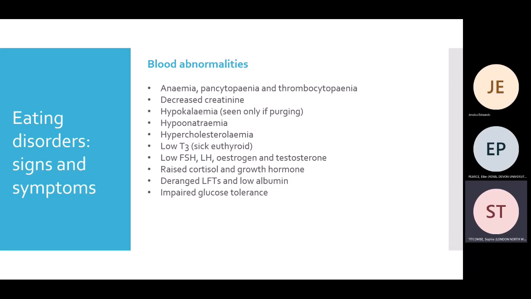We can see a couple of electrolyte disturbances, so hypokalemia and hyponatremia are your most common ones, and it's important to note that hyperkalemia tends to only be seen if patients are purging.